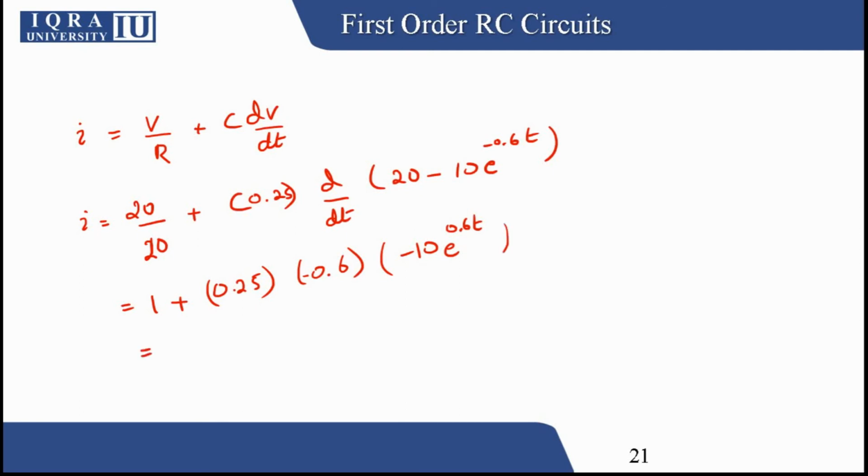So if we solve this equation, we have 1 plus e power minus 0.6t.